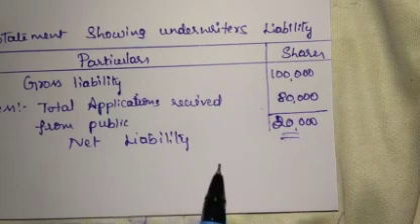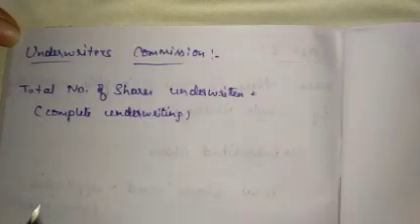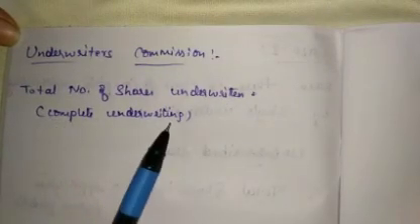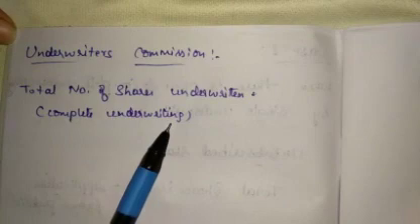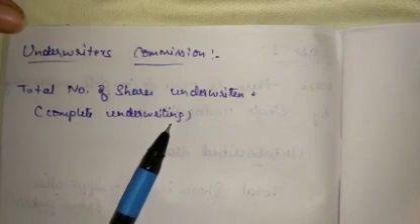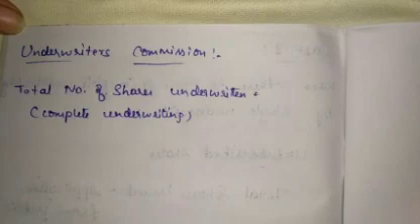Then we have to move towards calculating the underwriter's commission. Remember, the company is liable to pay underwriter commission on the total number of shares underwritten and not on the shares taken up by the underwriter. So we'll calculate the total number of shares underwritten. In this example, complete underwriting is there. That means the underwriter gives a guarantee for the whole of the issue. What is the total issue?